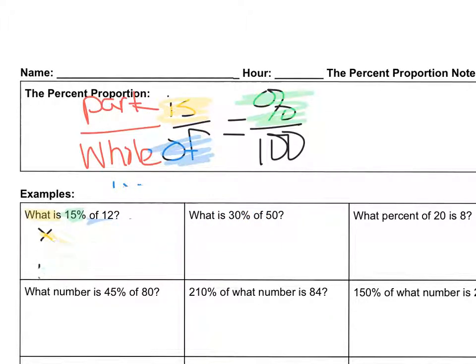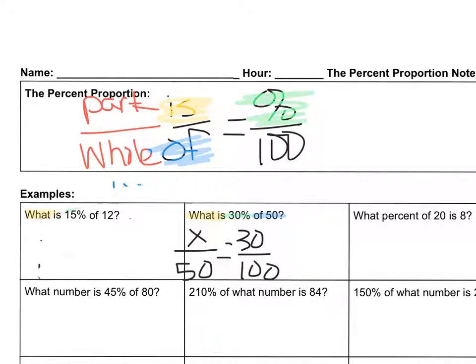We're just going to erase a little bit. Now if you want to highlight still, you can. So it says, what is, so there's our is, 30% and of 50. So let's go ahead and fill that proportion in. What is 30% of 50? And always over 100.